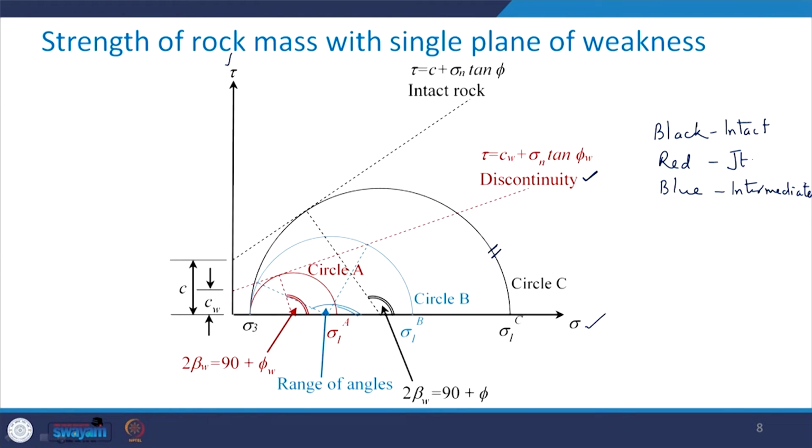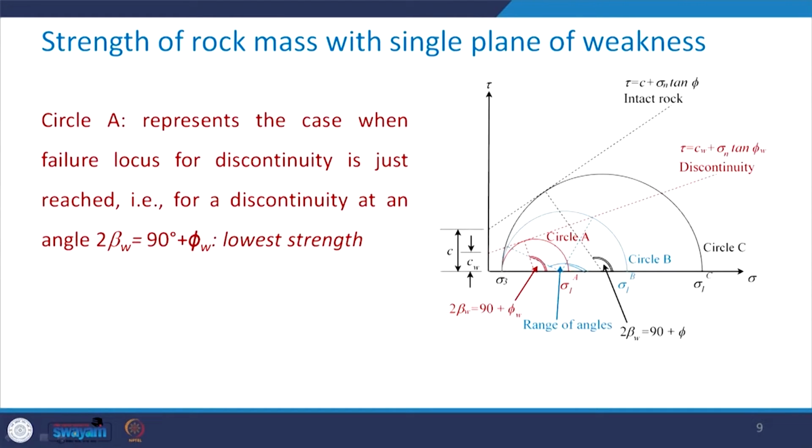First focus on this red circle, which is represented by circle A. This represents the failure envelope for the discontinuity, and you know that for the discontinuity you are going to get the lowest strength, and that you will get at this angle, when 2 beta equals 90 degrees plus phi w by 2.